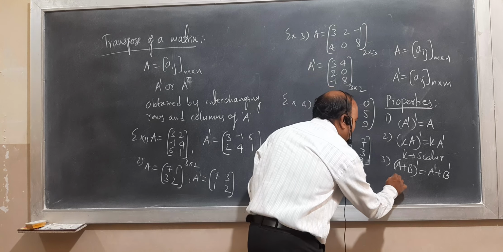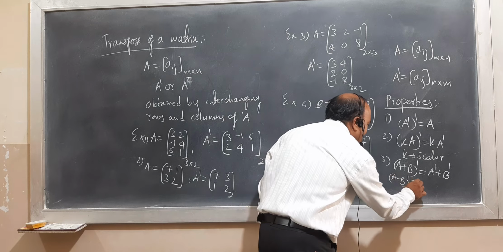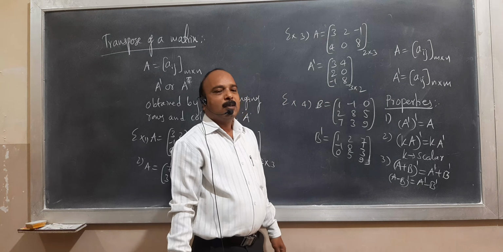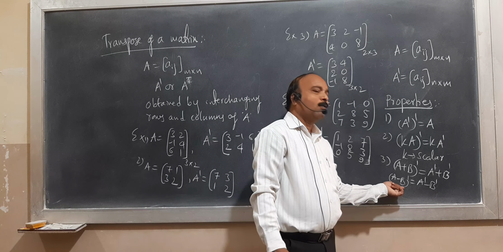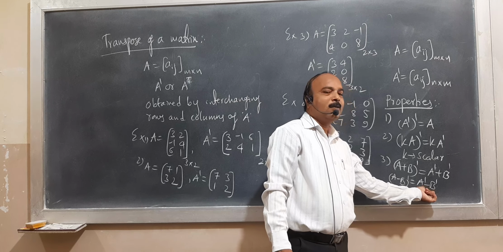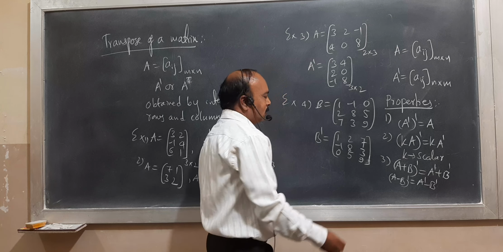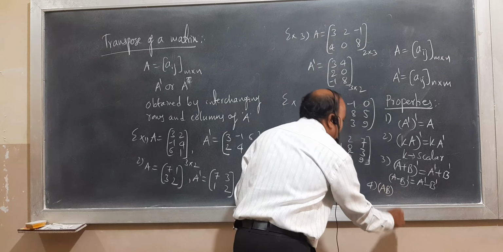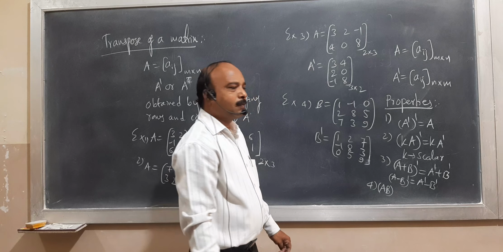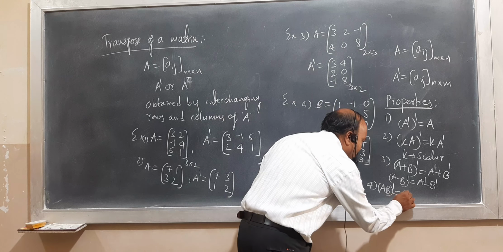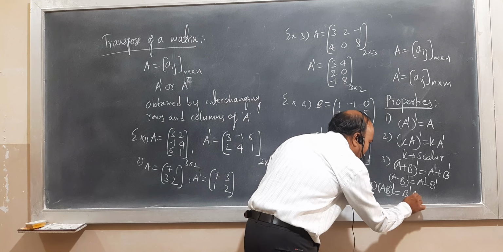Similarly, we can write (A minus B) whole dash also, it is equal to A dash minus B dash. Now the transpose of the difference of two matrices is equal to the difference of the transposes of A and B matrices. And another one is, if you take the product of A and B and its transpose, that is (AB) whole dash, it is always equal to B dash into A dash.